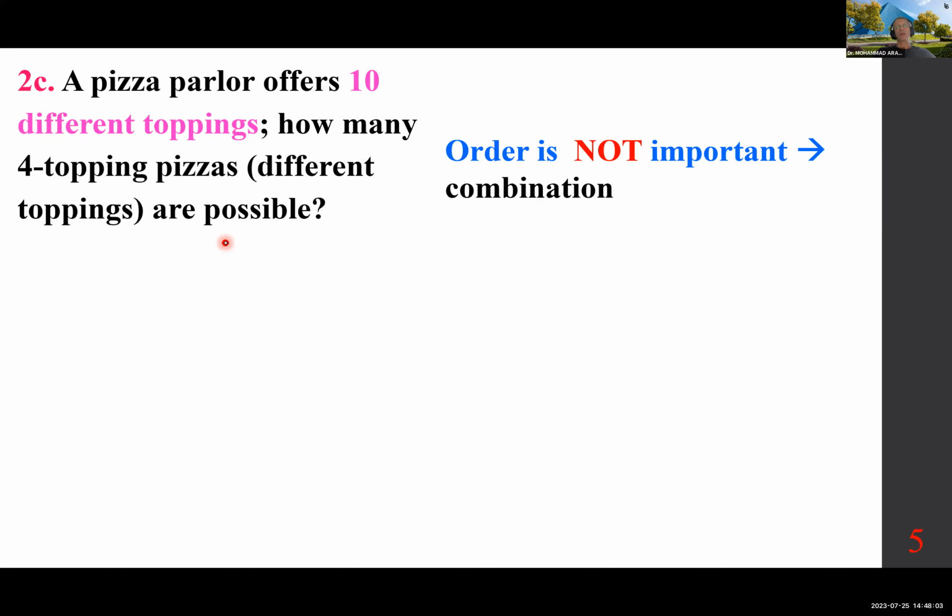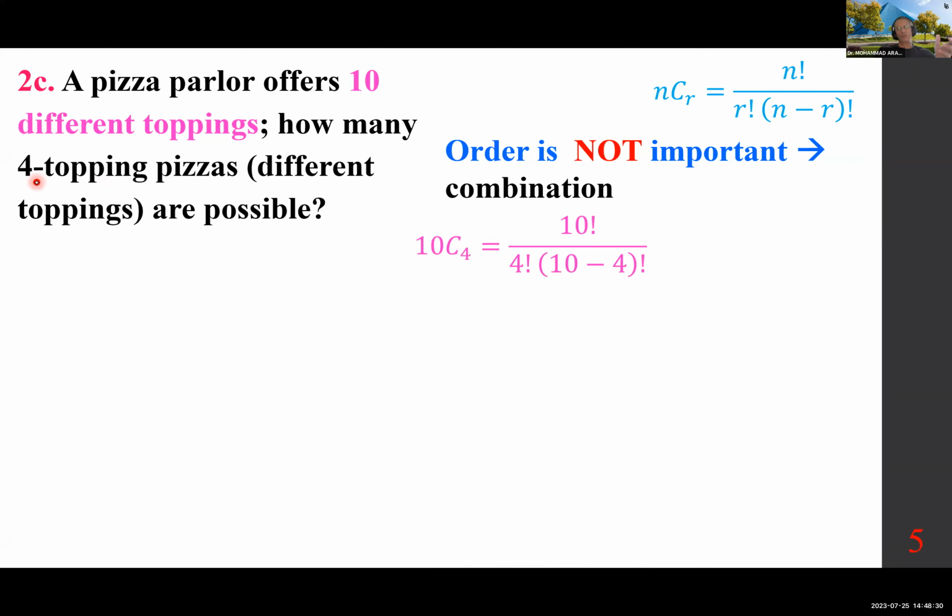You want 4 different toppings, and let's say one of your choices is mushroom. It doesn't matter when you order that as the first one, second, third, or fourth. That's why it's a combination. Order is not important. So with the formula here, n is 10, R is 4.